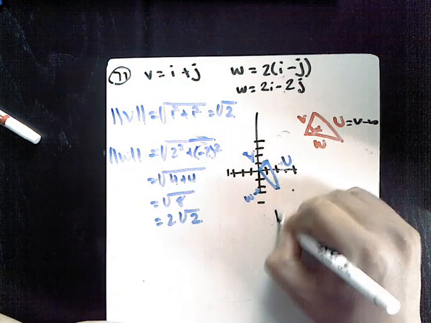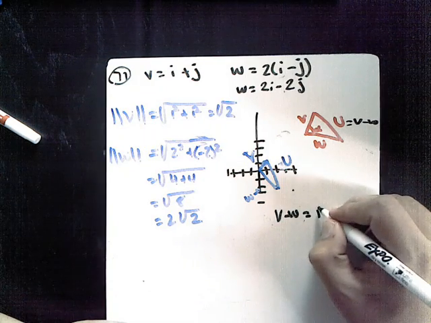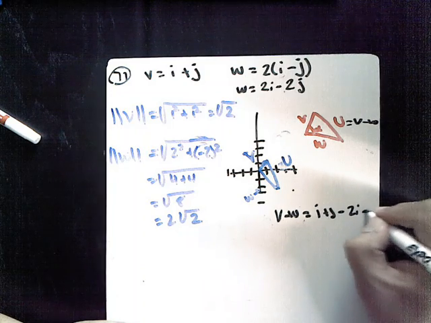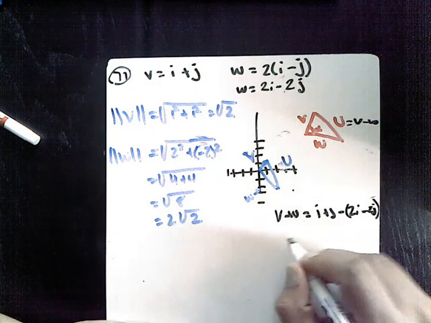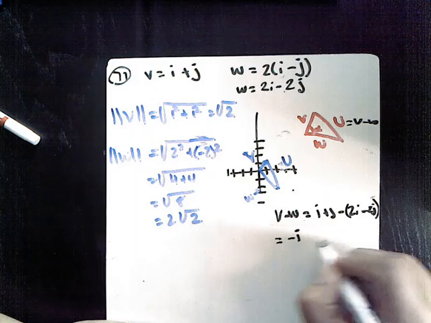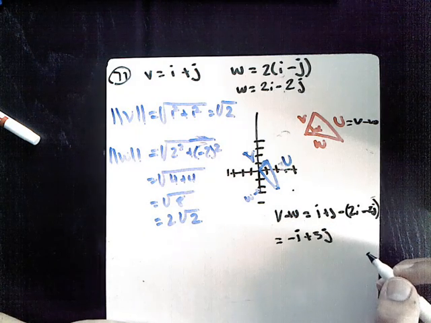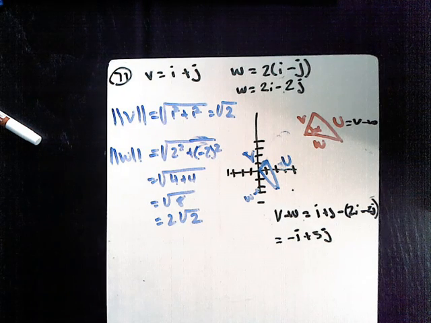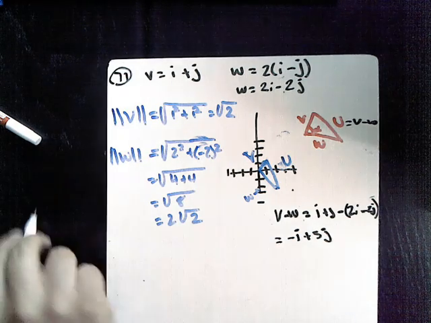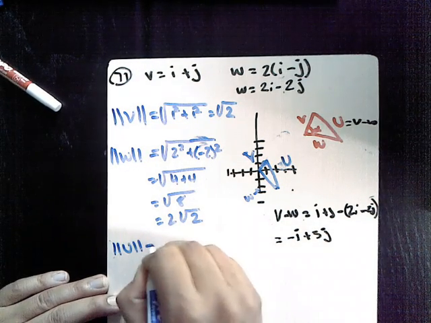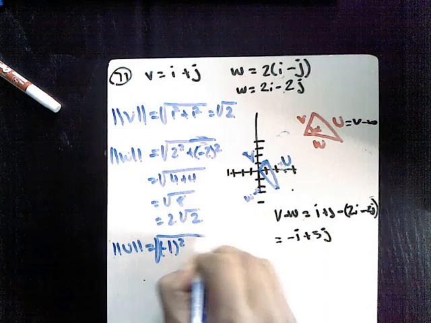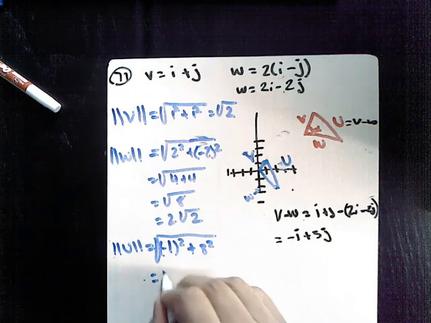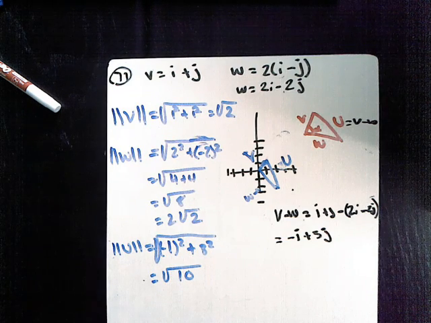So the magnitude of u is equal to 1. So then I have all my lengths listed here.